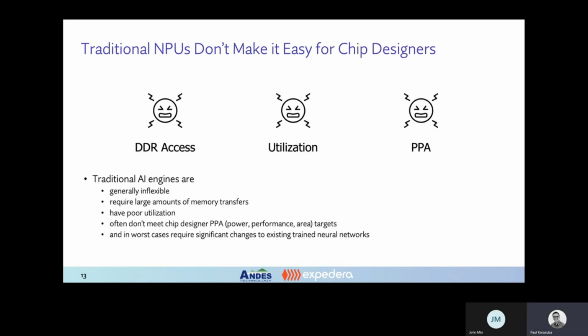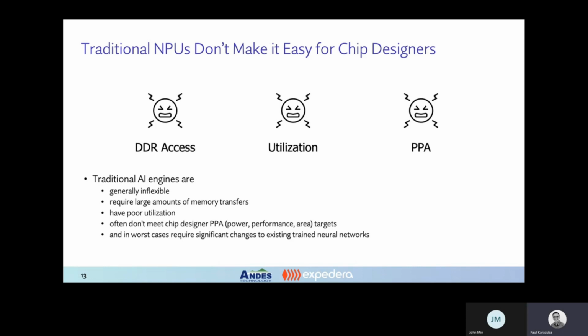And let's be honest, I'm sure any designer on the webinar today would probably make the statement that traditional NPUs just simply don't make it easy for chip designers. And this could be because of the amount of DDR access that is required, the relatively poor utilization that's typically present on NPUs, or of course the PPA, the power, performance, and area targets.